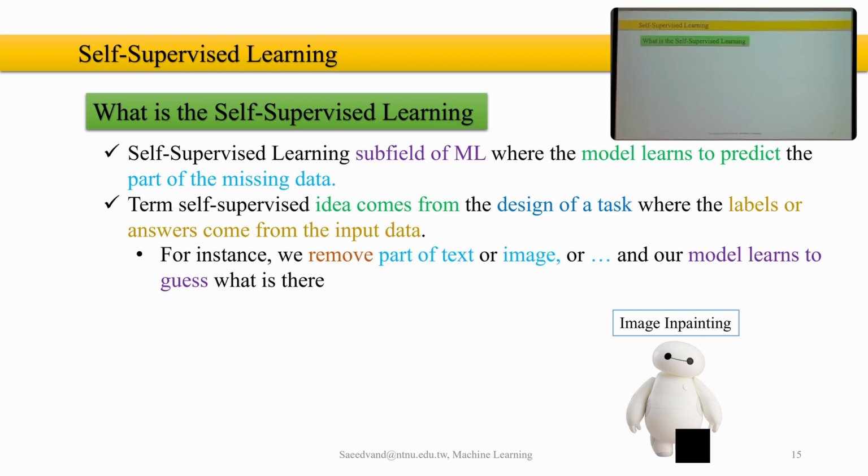Okay, now we need to know one more thing that is usually very important to be used in conjunction with transfer learning, and that's self-supervised learning. Let's define it. After the definition of self-supervised learning, you will see why it's important. What is the definition?